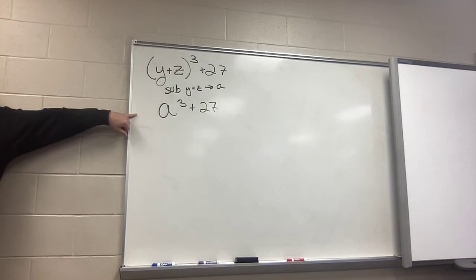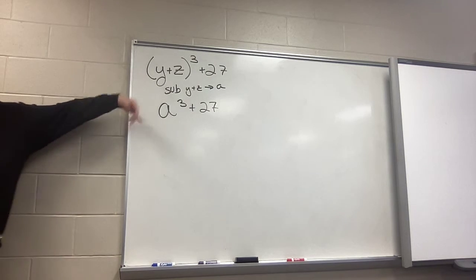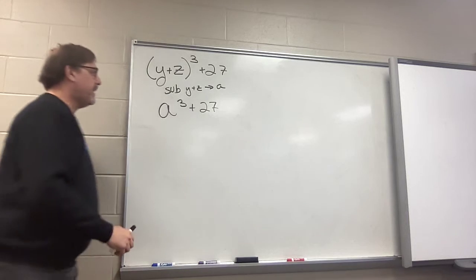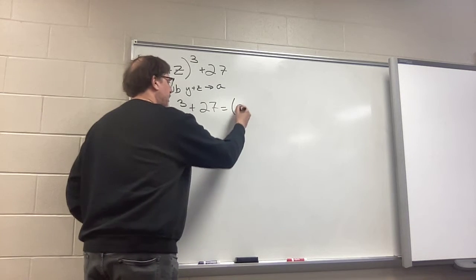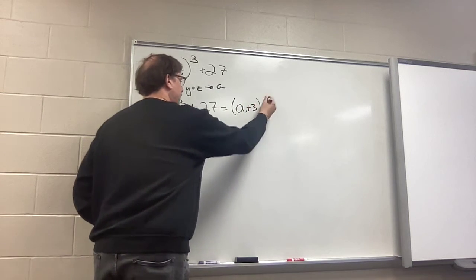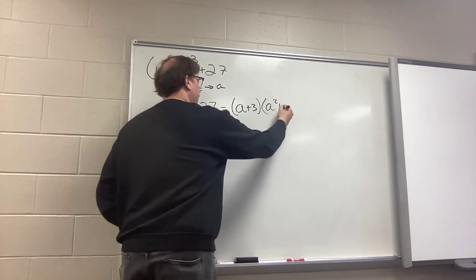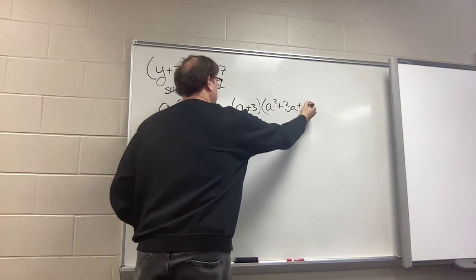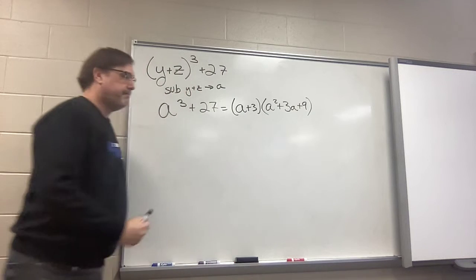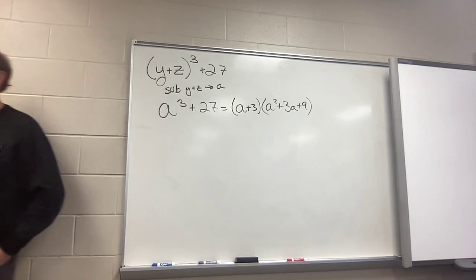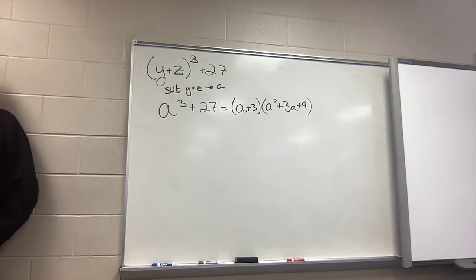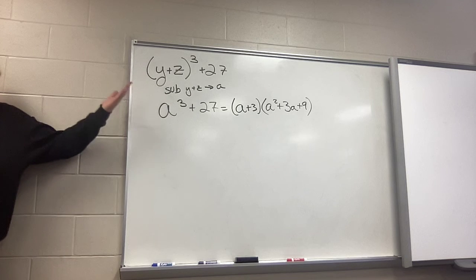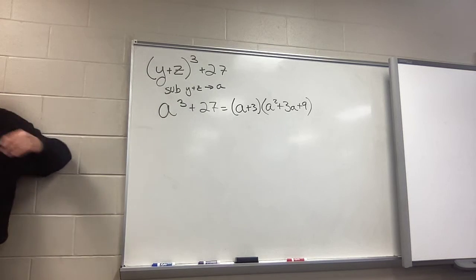I hope that's easy. The formula's been erased on you. I know I did that. It becomes a plus 3, times a squared plus 3a plus 3 squared, which is 9. But wait, that's not the problem.